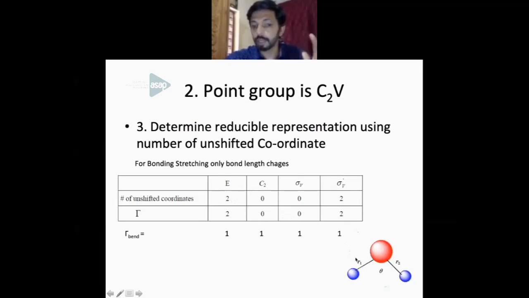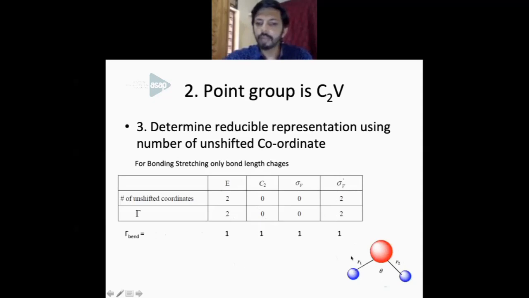In C2, this is rotating, so R1 and R2 will be changed and the number of unshifted coordinates is 0. In sigma V, R1 and R2 are changing, so the number is 0. In sigma V dash, this is the molecular plane, so the number of unshifted coordinates, R1 and R2, is 2. So that is 2, 0, 0, 2.